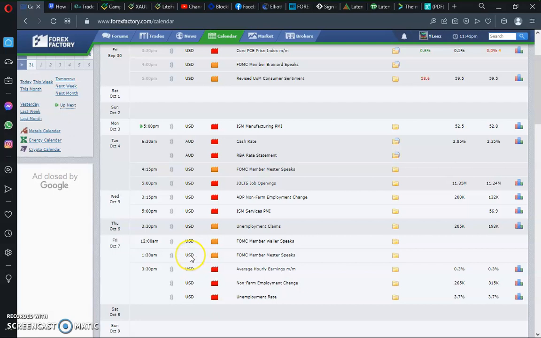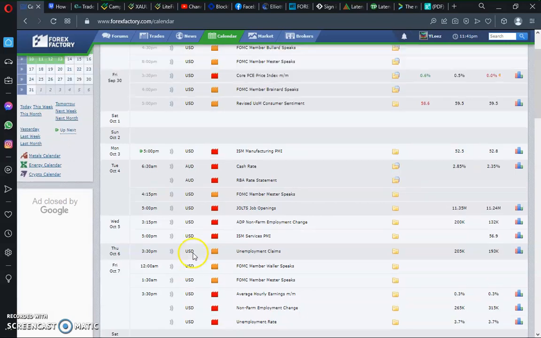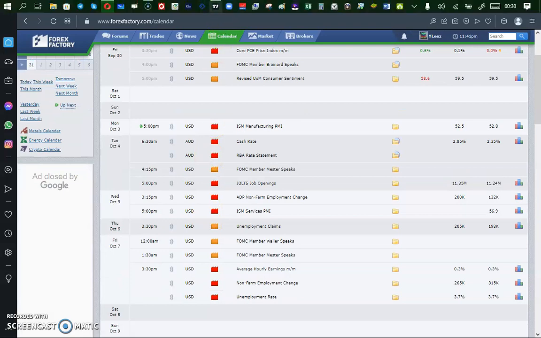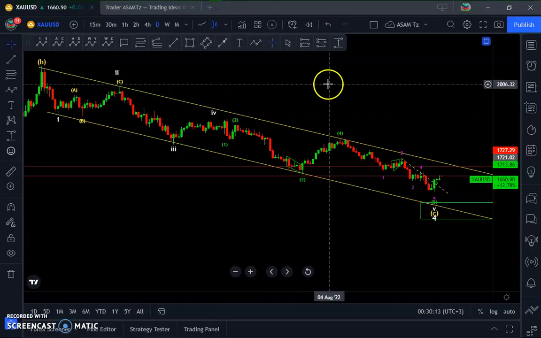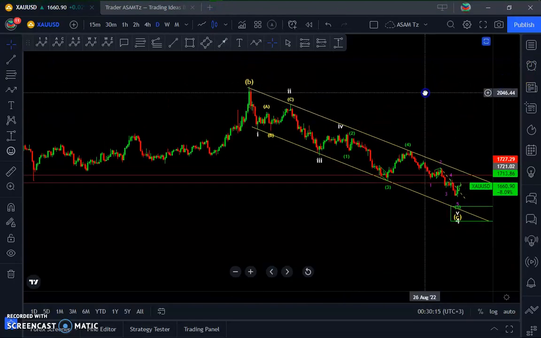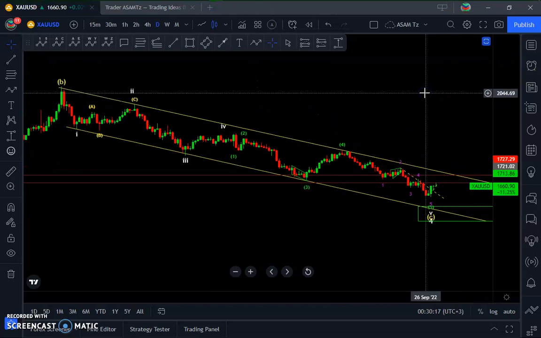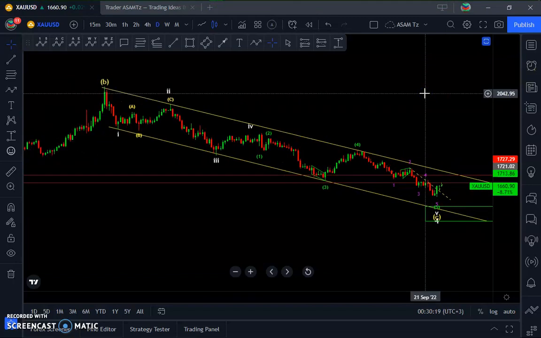So remember next week has many high impact news, including the NFP, which is very powerful. They are capable of driving price in directions that can impact your trades negatively if you are not a fundamental trader. So just stay away if you are not a fundamental trader.